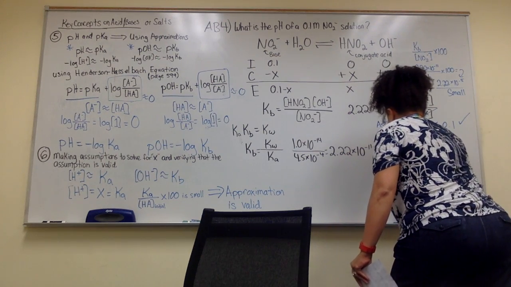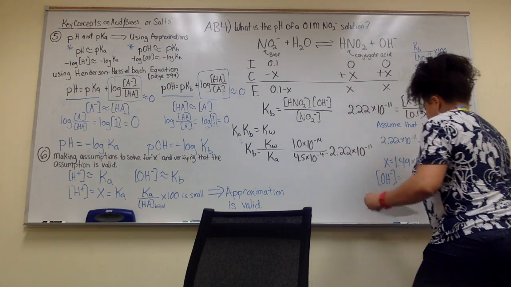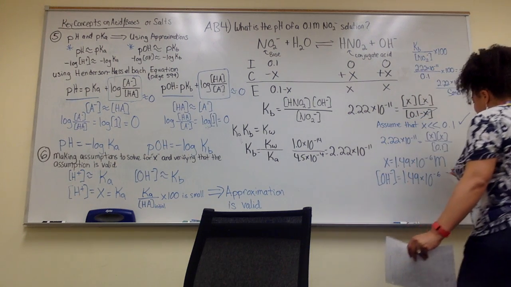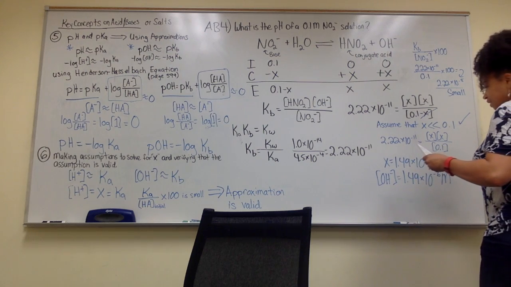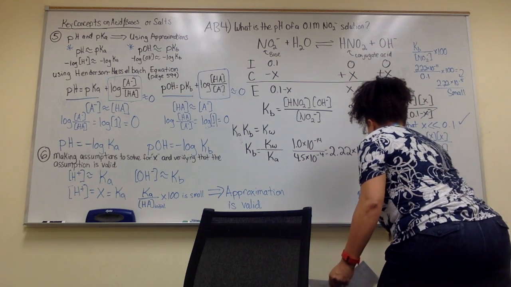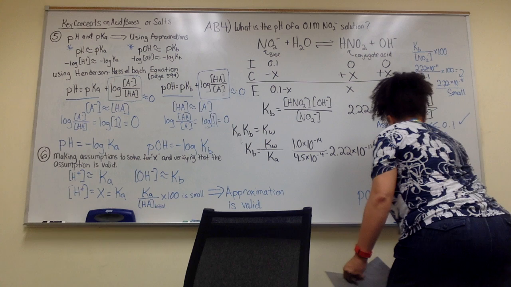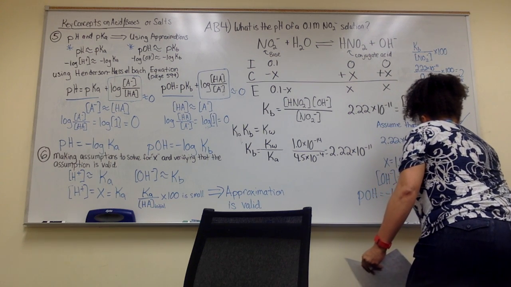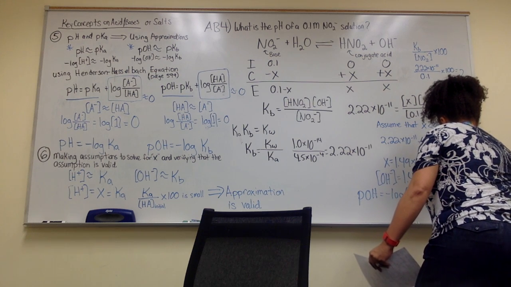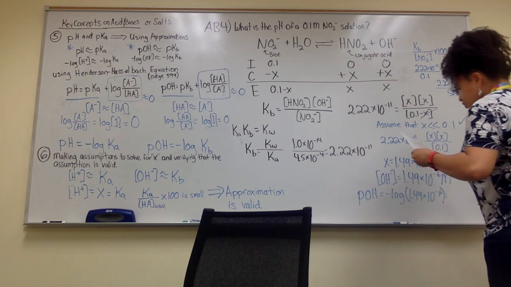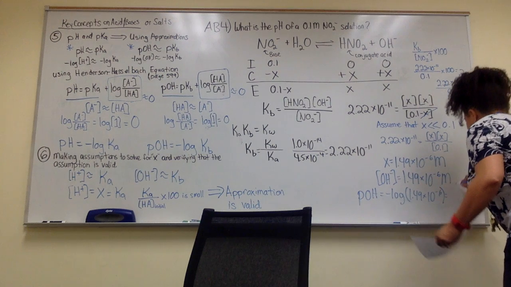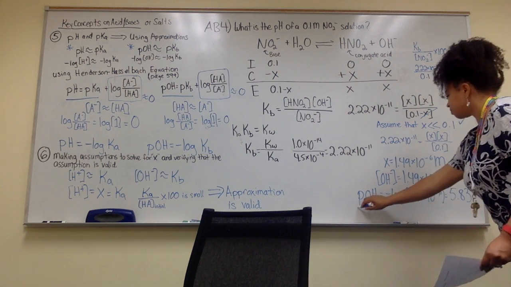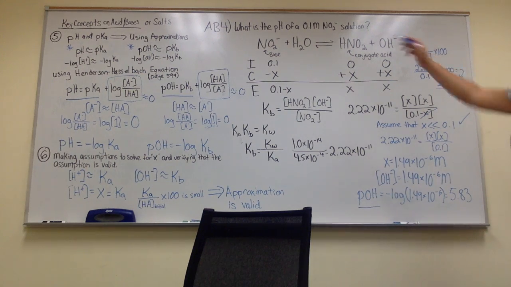So OH minus is equal to 1.49 times 10 to the minus 6 molar. Which then gives us the chance to calculate pOH, which is equal to the negative log of 1.49 times 10 to the minus 6. And then we end up with 5.83.